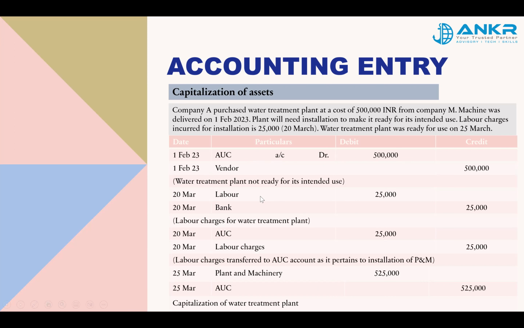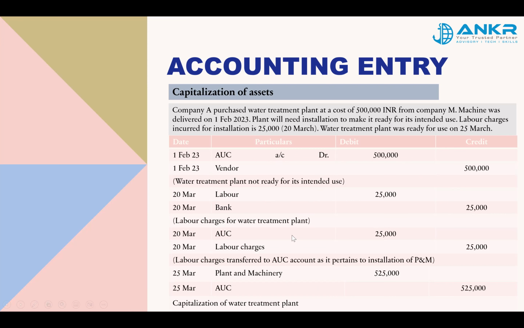Now on 20th March, you have incurred the labor charges also. So what will be the entry? Labor account debit, which is a nominal account, meaning an expense account, to bank, 25,000 rupees. You have passed this entry, labor charges for water treatment plant.